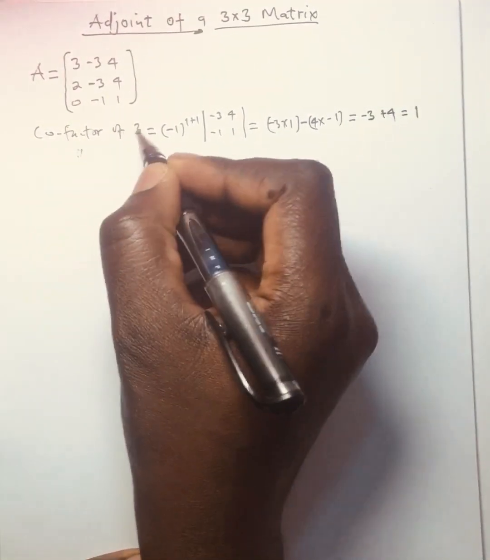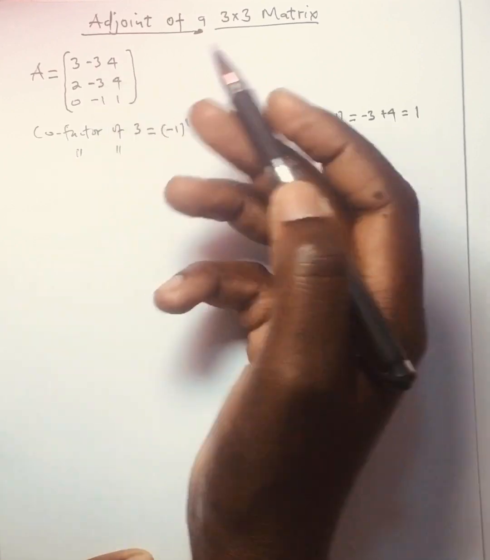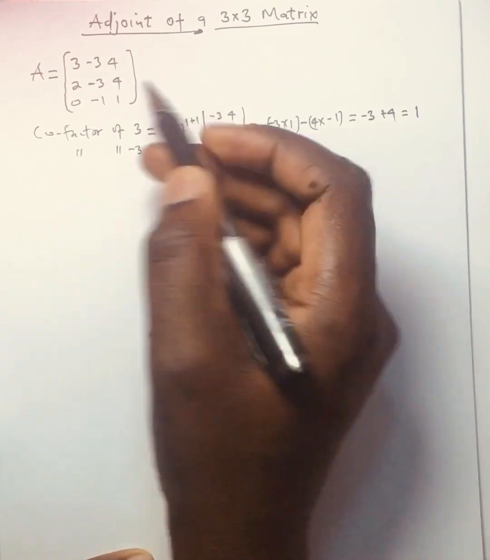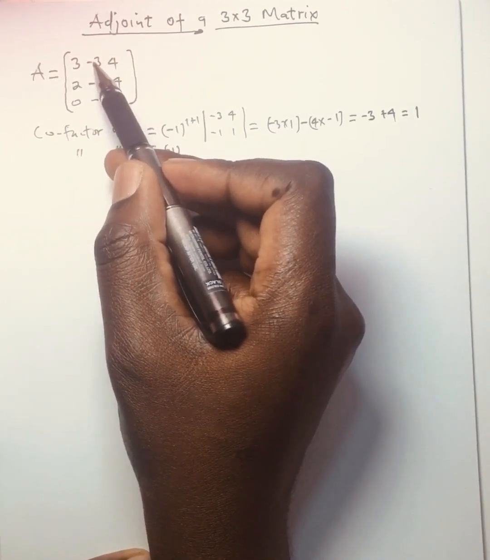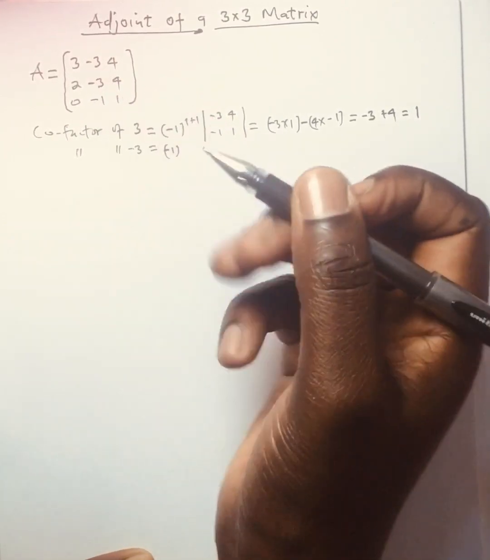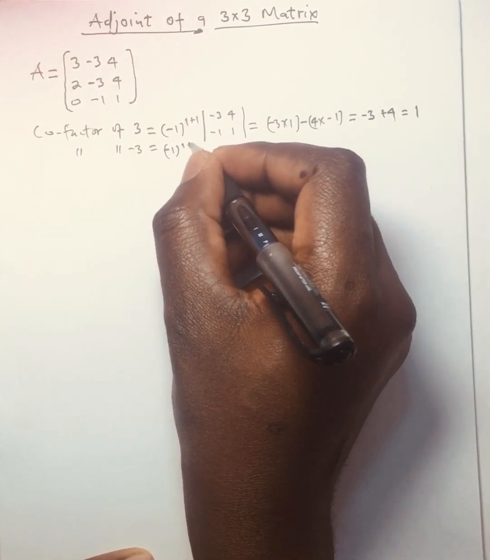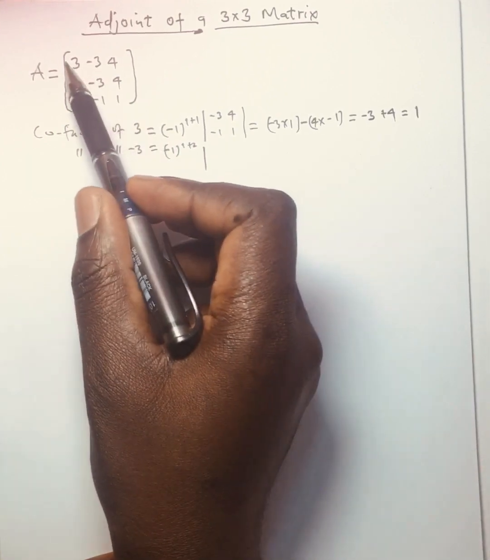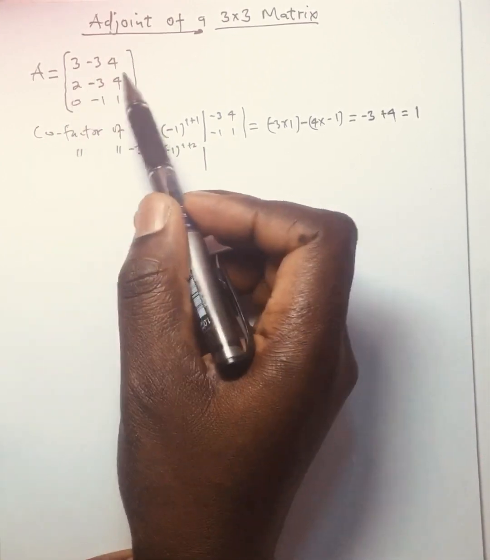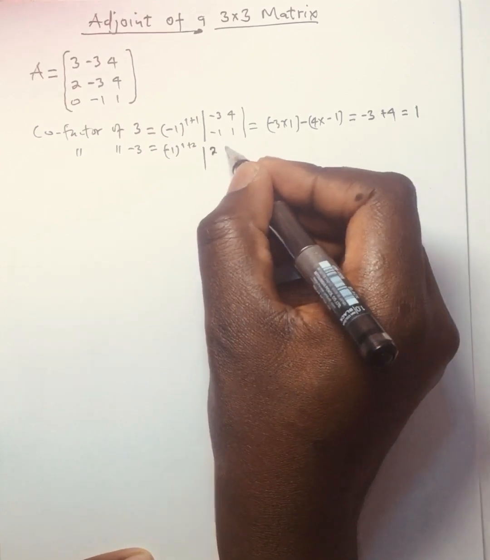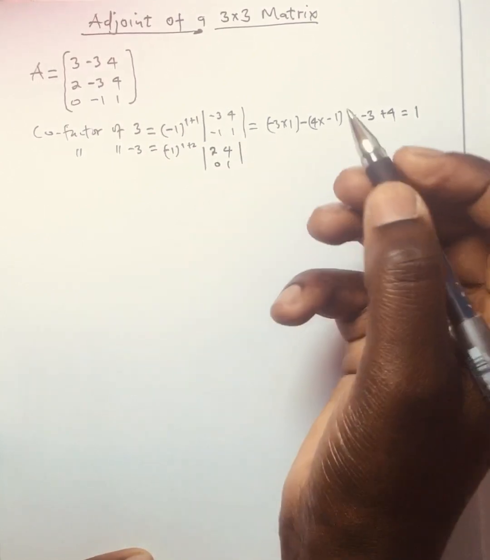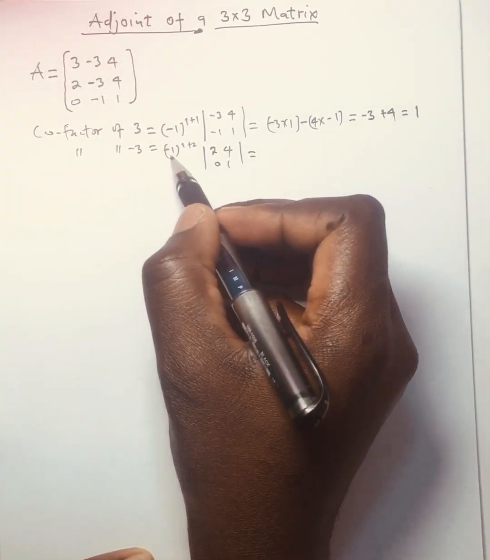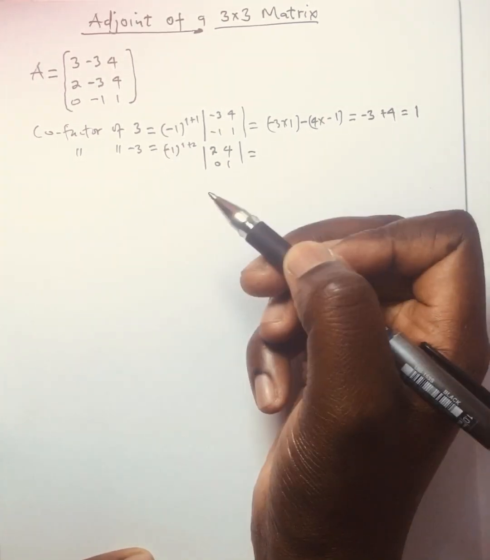Then we do the same for the next, which is negative 3. Negative 3 is in row 1, column 2, so the power is 1 plus 2, which is 3. The small matrix left when we cover its row and column is 2, 4, 0, 1. Because the power is odd, the negative will hold.